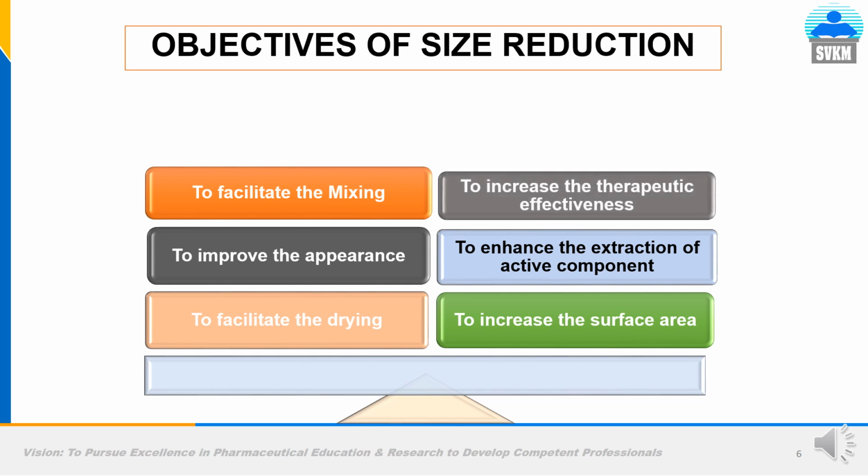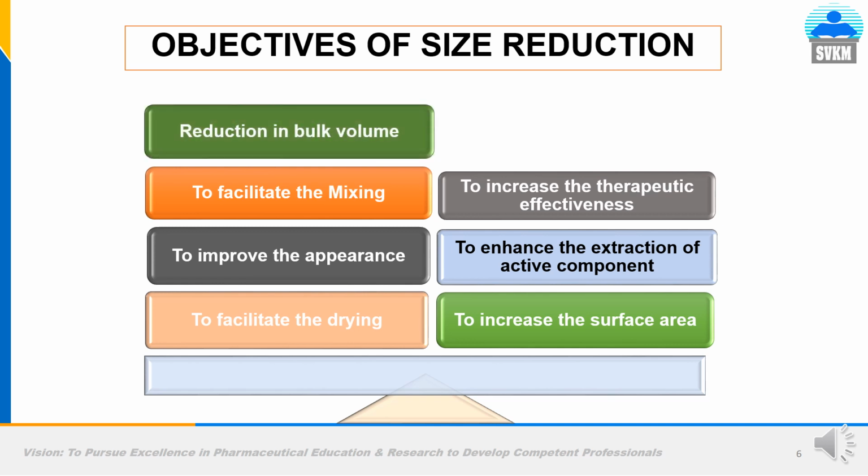Next, to increase therapeutic effectiveness. Due to fine particles, uniform distribution of active ingredients takes place, which shows maximum absorption of the drug, resulting in increased therapeutic effectiveness. The dose of griseofulvin is reduced to half of its originally required dose.